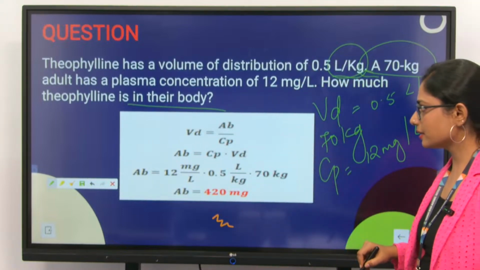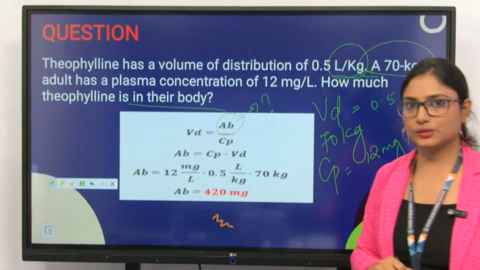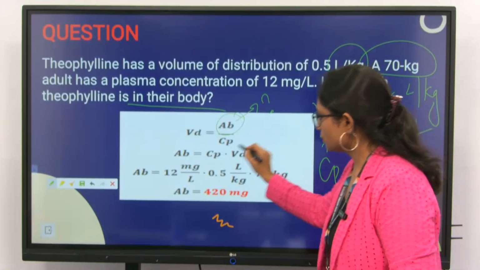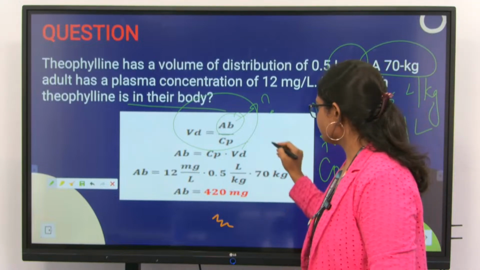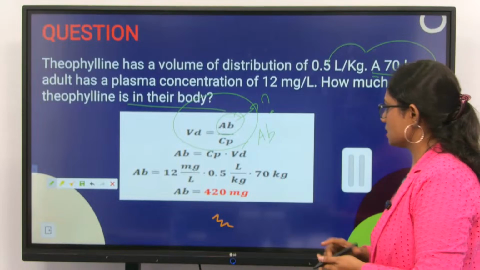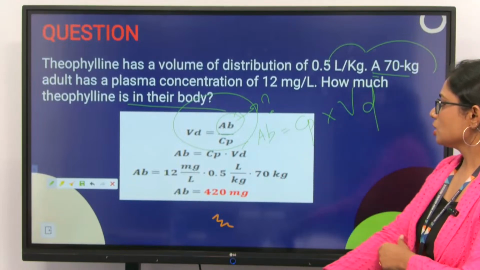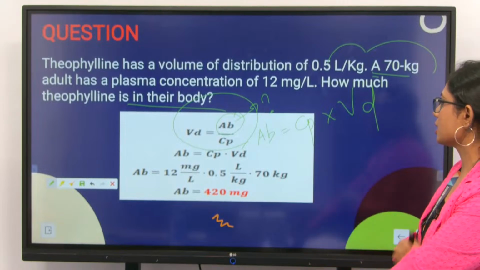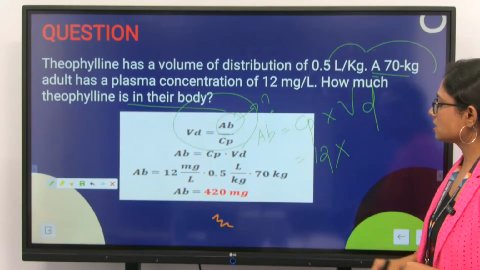So what we need to find out? Very simple, direct question. We need to find out the amount of drug. So you know the equation: VD is equal to AB by CP. We need to find AB, so AB is equal to CP into VD. The CP, plasma concentration, is given as 12.